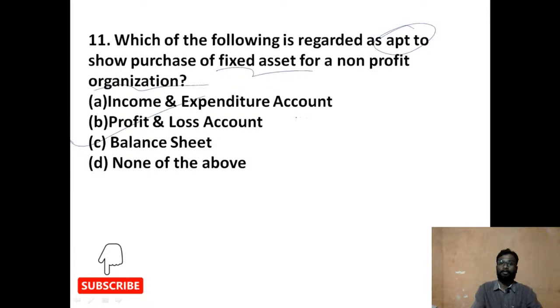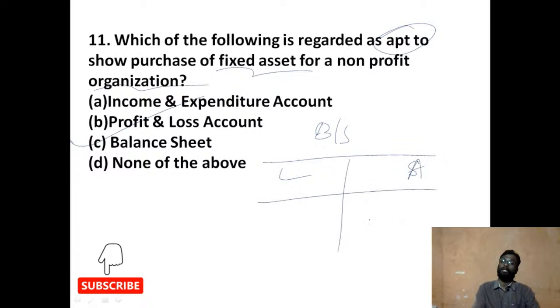The balance sheet, as you are aware, is a statement of liabilities and assets. On the asset side, you will be showing the fixed assets. So that's option C.